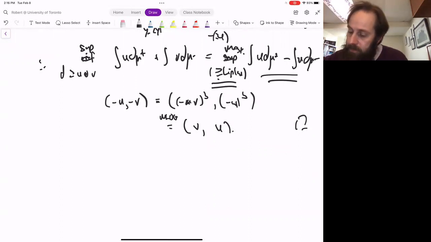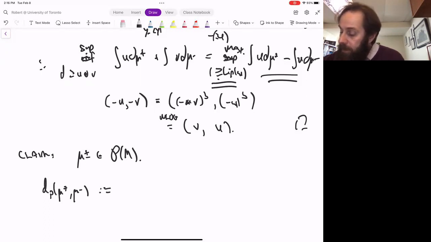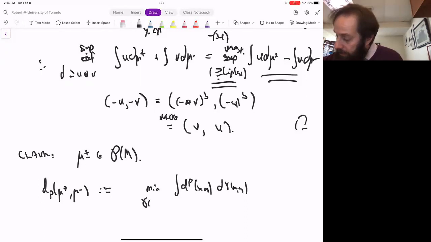So here's the claim. If I take two measures on the same metric space, and then I want to define the p distance between those two measures to be, I guess, the Kantorovich minimum, the minimum of the integral of the pth power of the distance d over all gamma having the correct marginals, and then you have to take the pth roots.